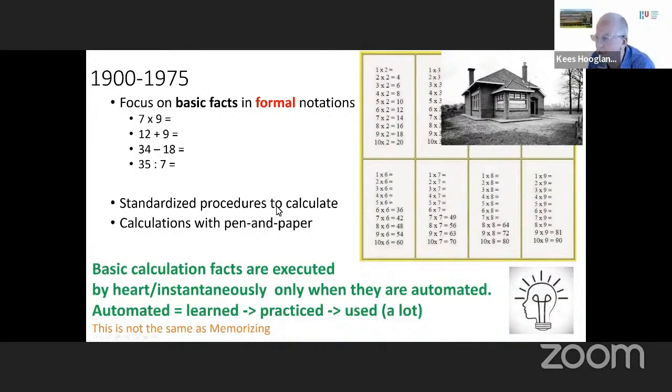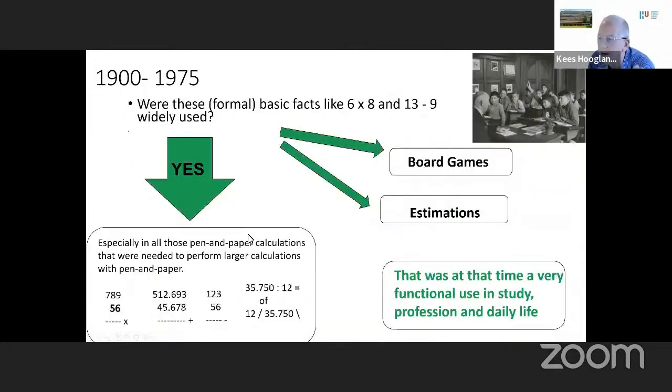There were standardized procedures to calculate, and calculations with pen and paper. And of course you needed them, because if you wanted to make the bigger multiplications, additions and divisions, you had to use those basic facts.